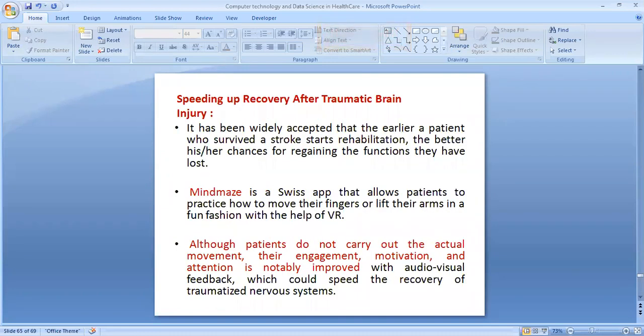Then speeding up recovery after traumatic brain injury. Those who have met with a traumatic condition and been immobilized for a very long period may not be psychologically motivated to return to the real world.